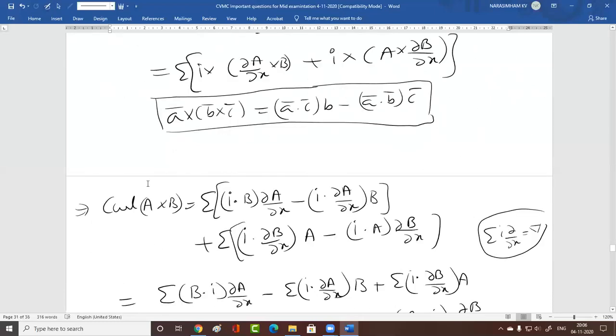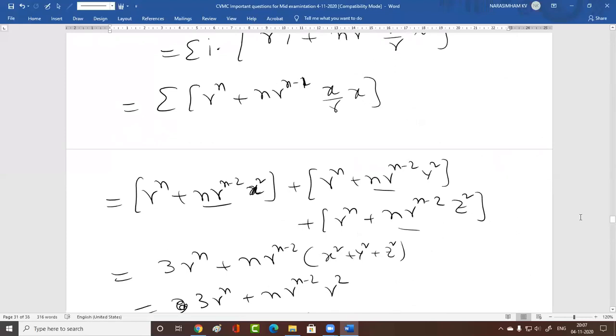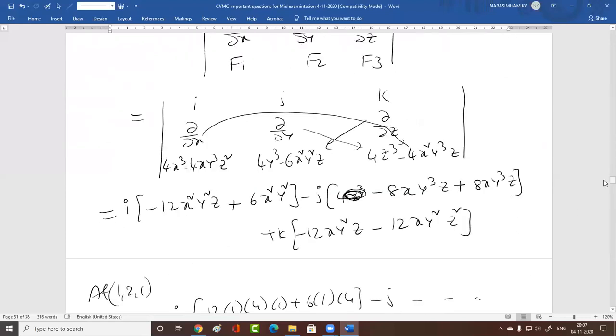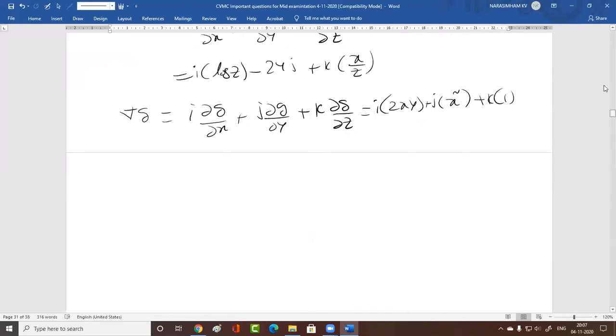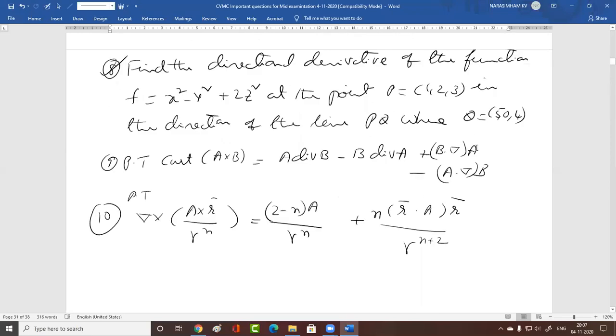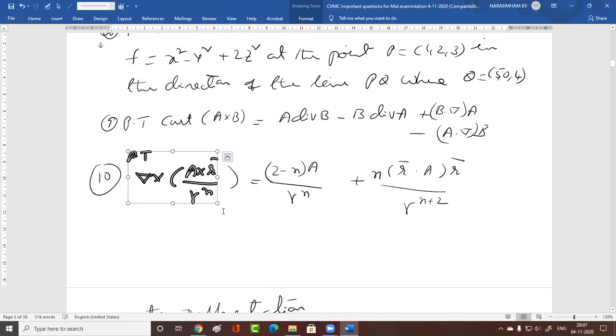Now coming to the last question, 10th question. Okay, I will share the result, don't worry. Okay, I will copy this one. Then we will discuss the remaining part. Okay.